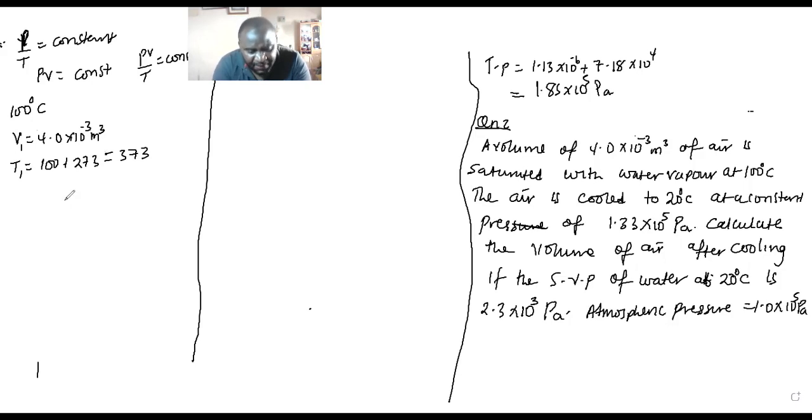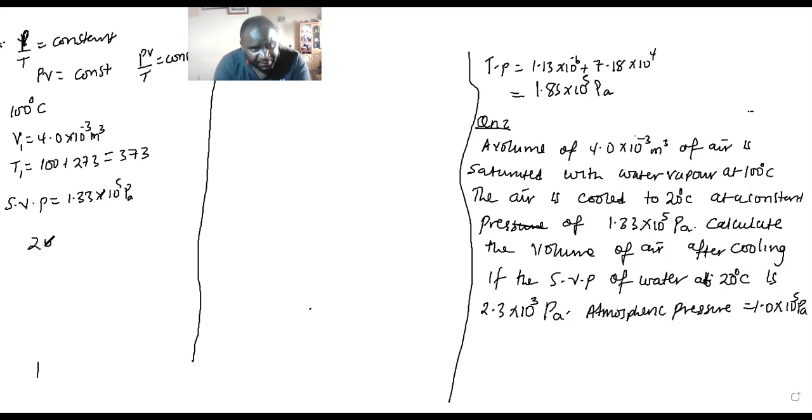Then the saturated vapor pressure at that instant is what? It was given: the air is cooled to 20 degrees Celsius at a constant pressure of 1.33 times 10 power 5. So SVP at this instant is 1.33 times 10 to the power 5 pascals.